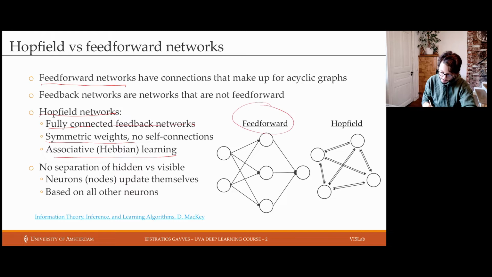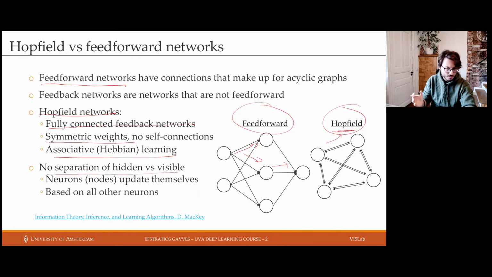Here we've got a schematic of how a feedforward and a Hopfield network look. As you see, the feedforward network has directionality in its edges, whereas in the Hopfield network any two nodes are connected with bidirectional edges. So information flows in both directions.